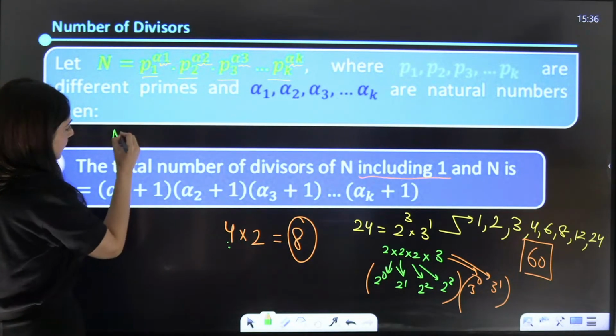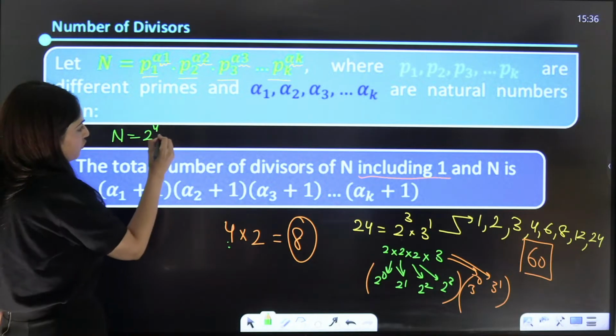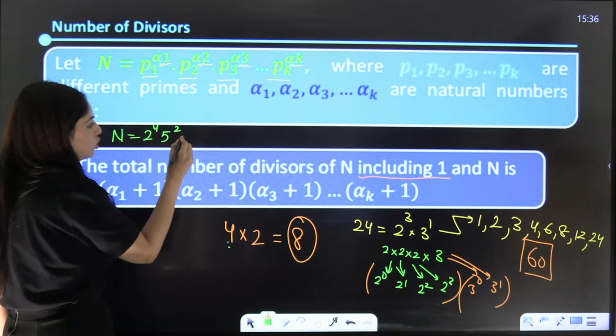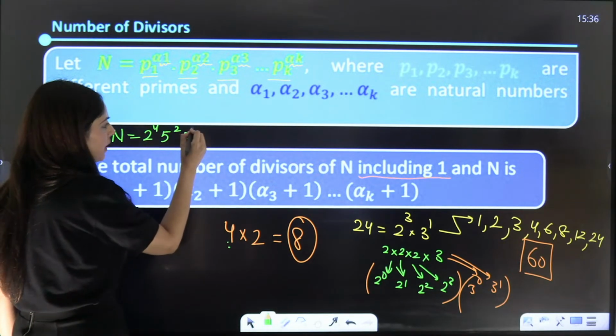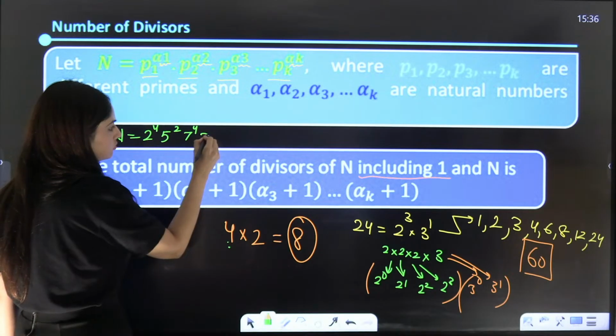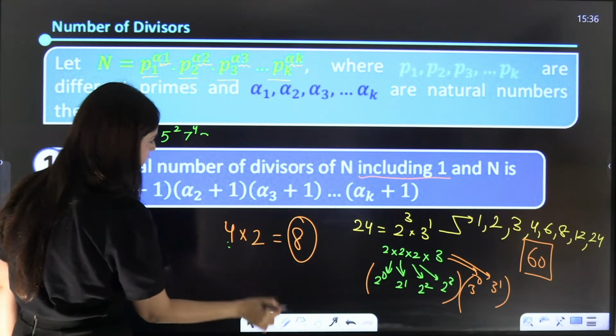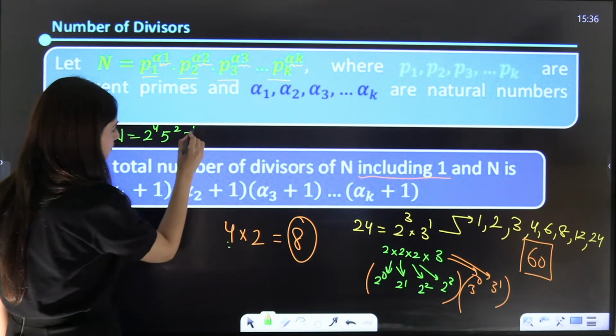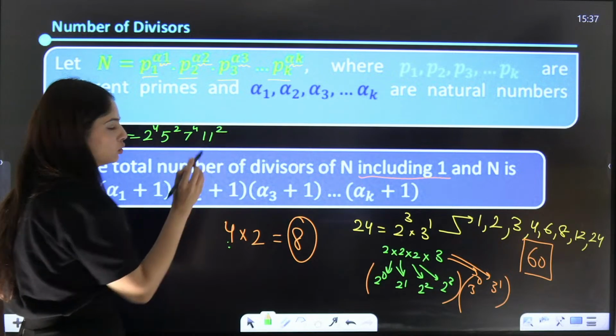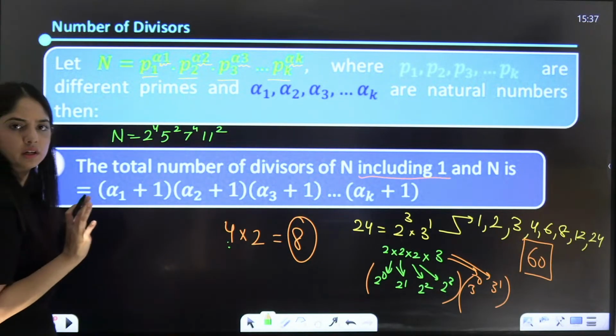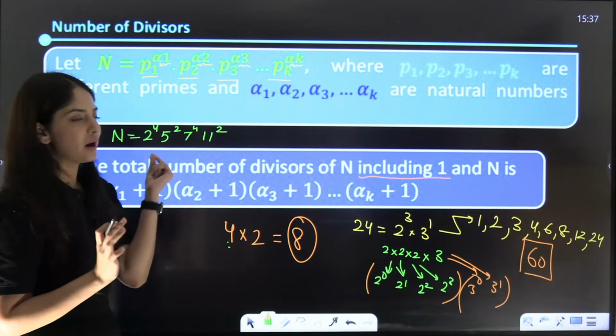let's say n is 2 raised to power 4, 5 raised to power 2, 7 raised to power 4 and 11 raised to power 2. We have all even powers.